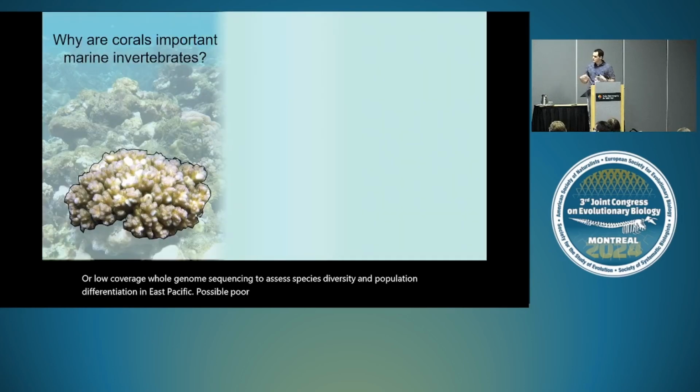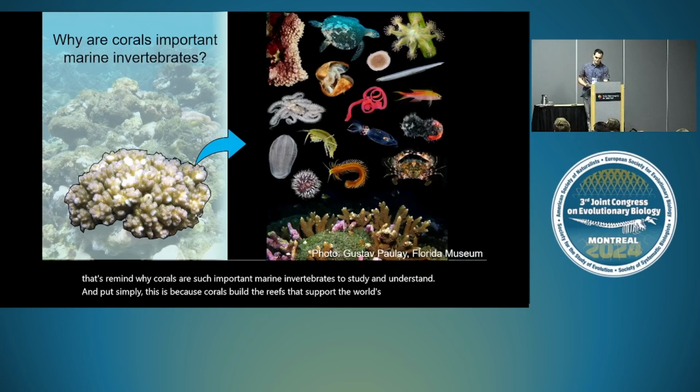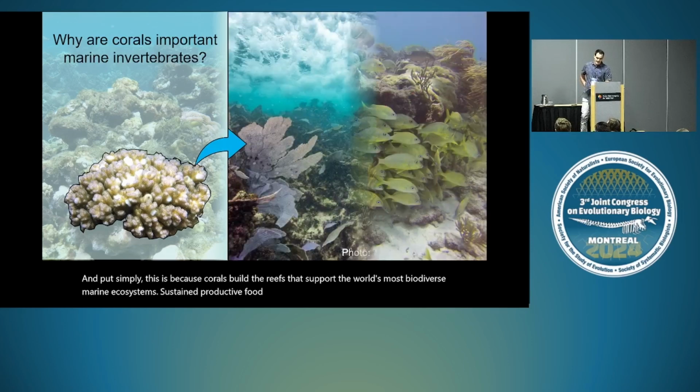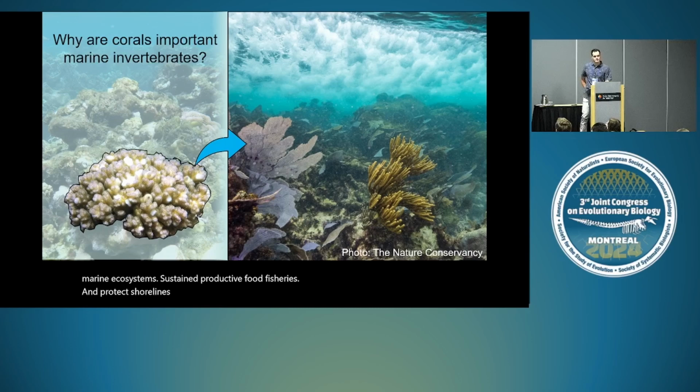But I always like to start with the big picture, and that's to remind why corals are such important marine invertebrates to study and understand. Put simply, corals build the reefs that support the world's most biodiverse marine ecosystems, sustain productive food fisheries, protect shorelines from waves and storms, and drive tourism economies for coastal communities worldwide.